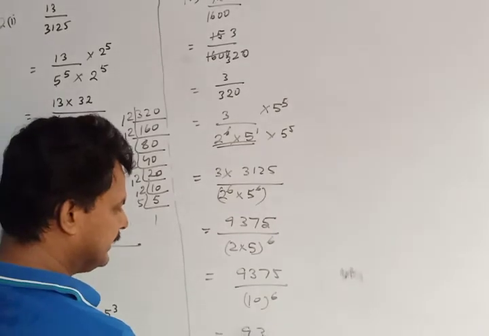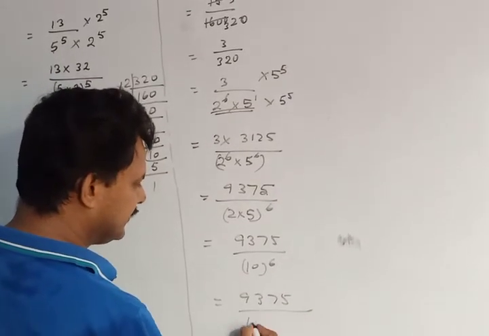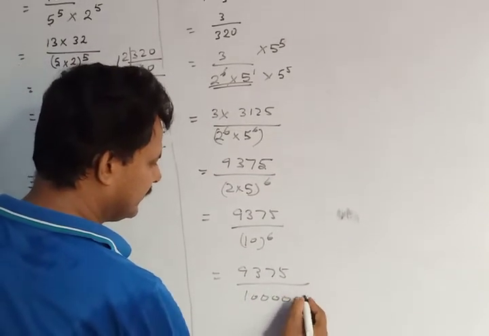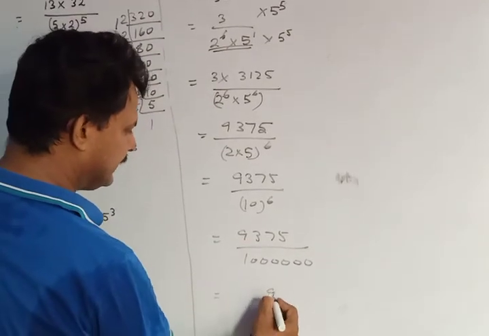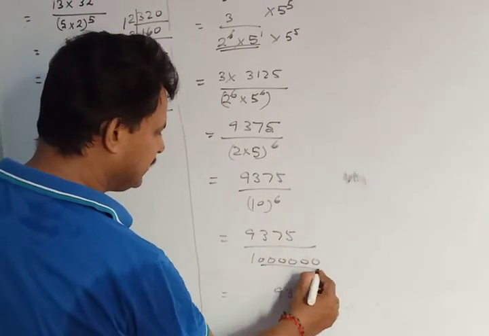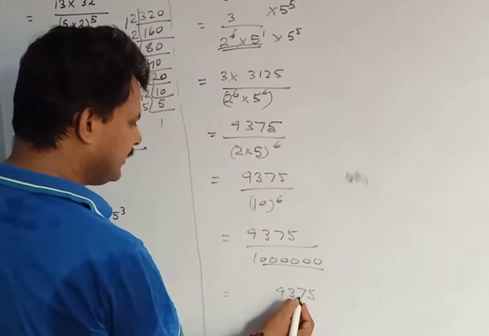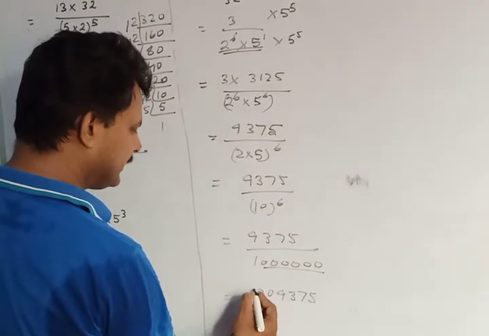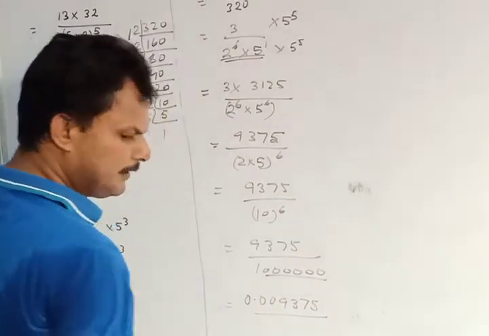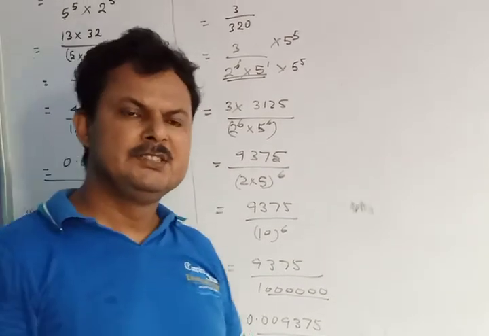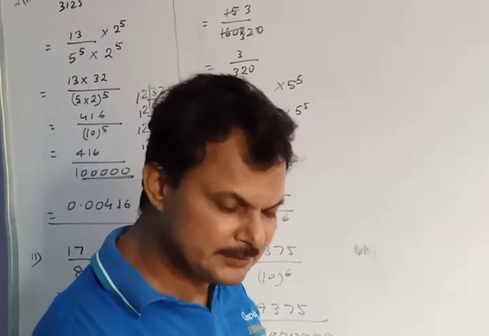It becomes 9375 upon 10 to the power 6. Count 6 digits, 1, 2, 3, 4, 5, 6, and put the decimal. This is the answer. In a similar way, you can solve the remaining parts of this question.